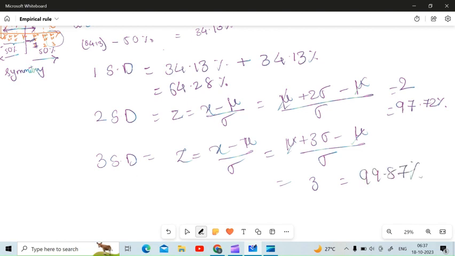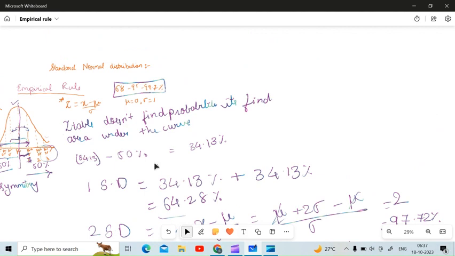So by that, you're getting that one standard deviation away from the mean is around 64.28 percentage. Two standard deviations away from the mean is around 97.72. Three standard deviations away from the mean is around 99.87. So it's approximately our empirical rule, the 68, 95, 99.7 percentage rule.